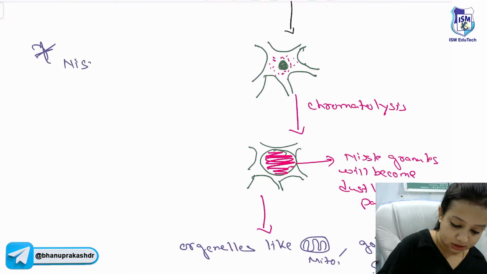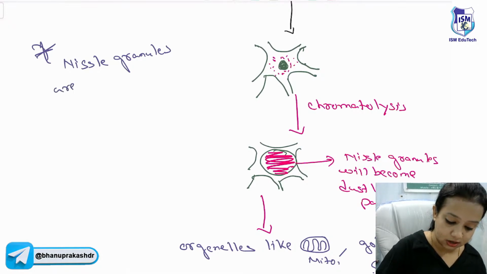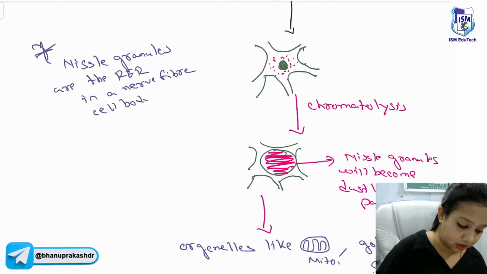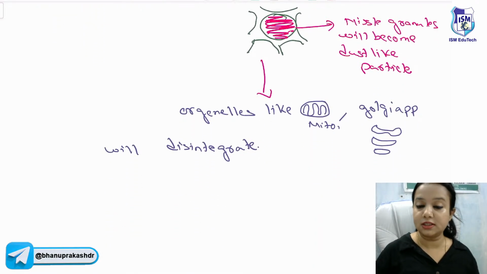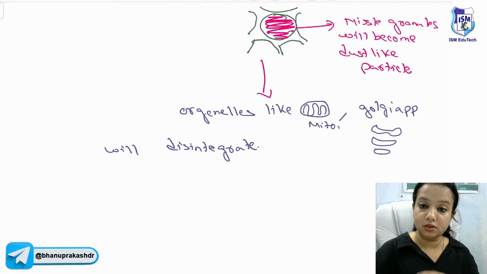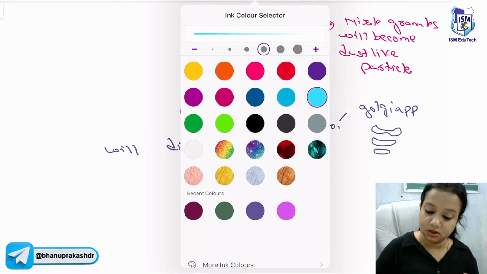Just for the mention, Nissl granules or Nissl particles or Nissl bodies are the rough endoplasmic reticulum in a nerve fiber cell body. After that, organelles like the Golgi body and mitochondria will disintegrate. Now, what happens to the nucleus? Does the nucleus go out?